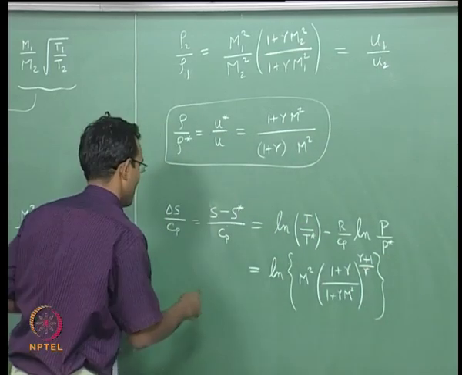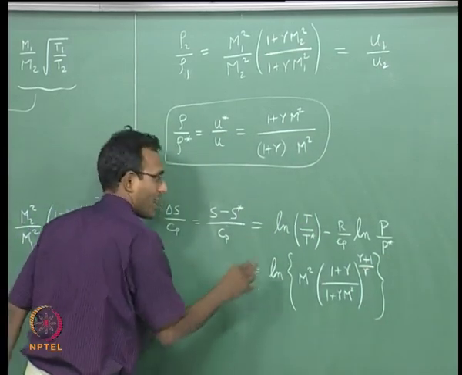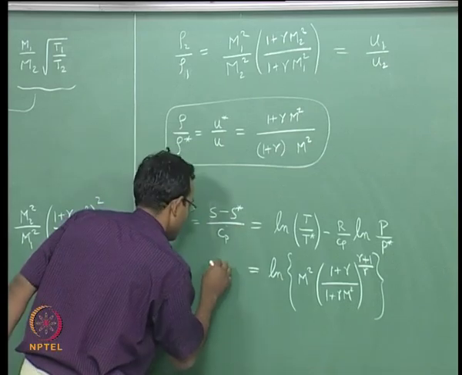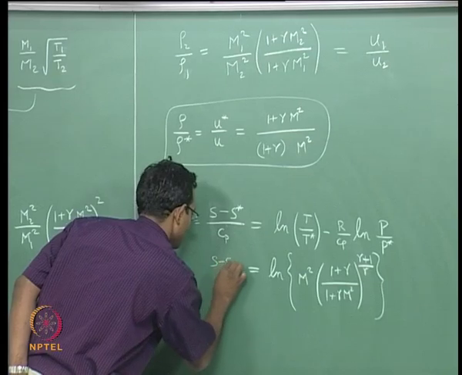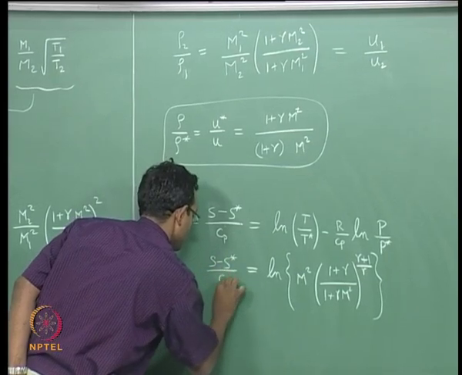Okay, that will just come out of your expression because there is a half plus gamma minus 1 by 2, gamma minus 1 by gamma, you will get S minus S star divided by Cp.